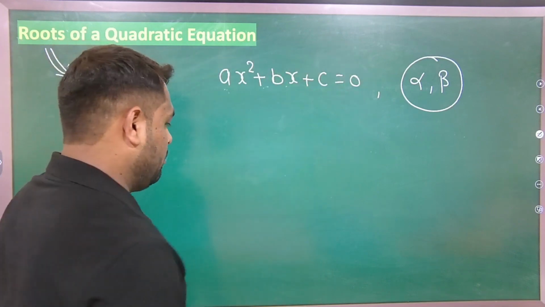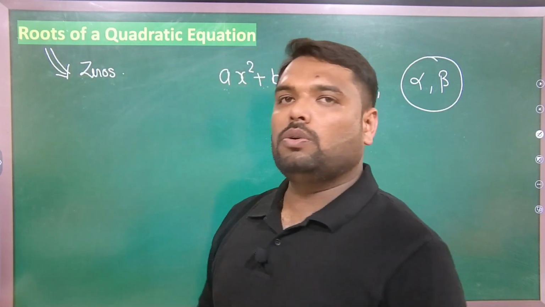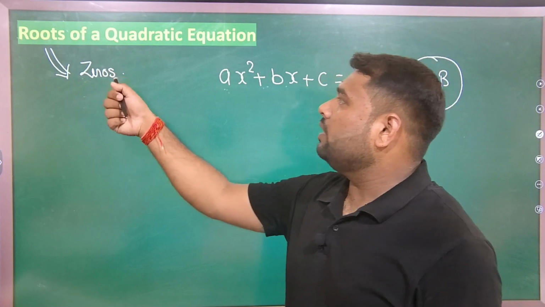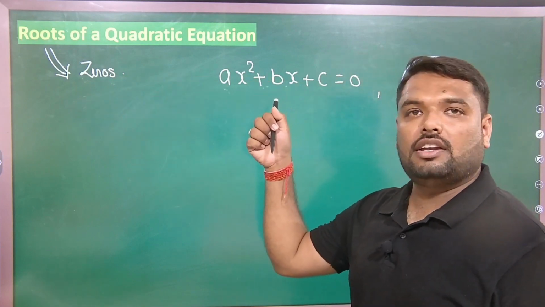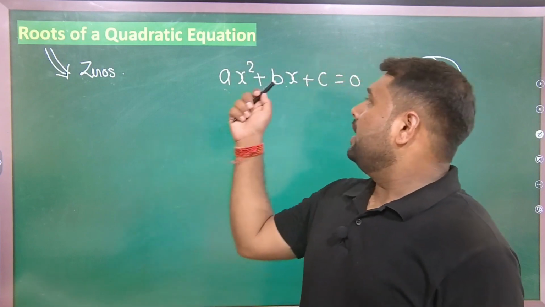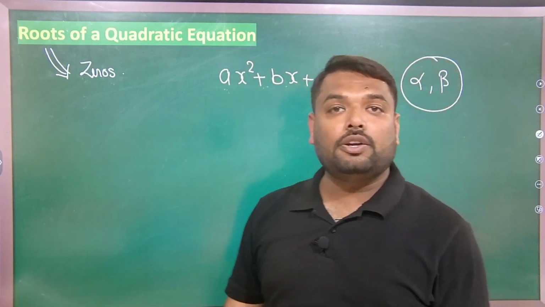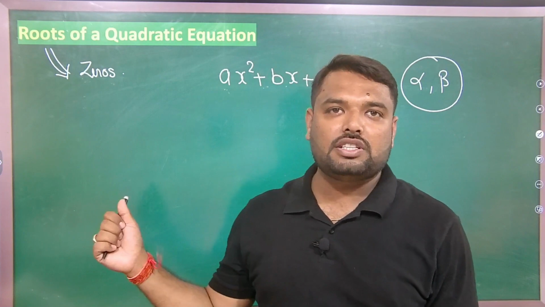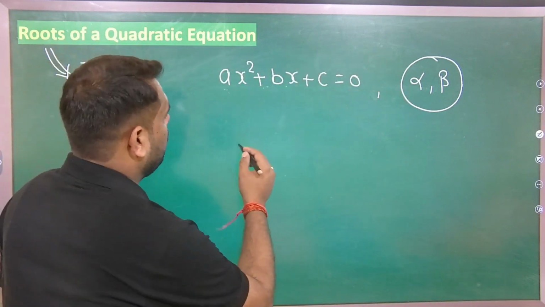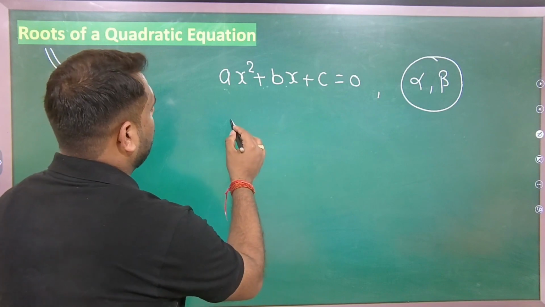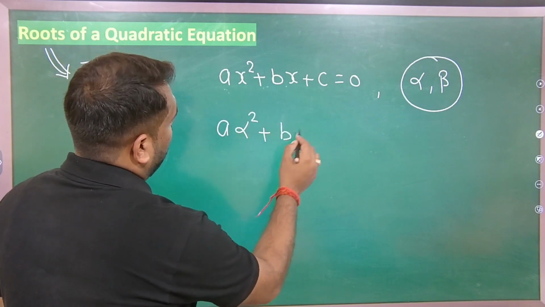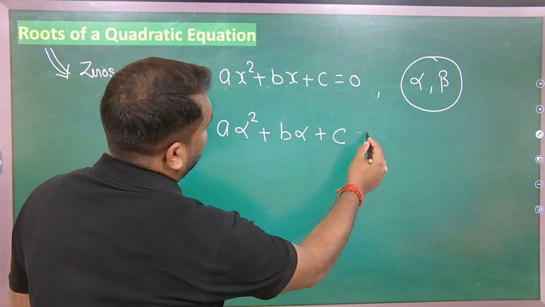What I want to tell you is that the values of x for which the equation reduces to 0 are the roots of this equation. Got the point? If alpha is a root of this quadratic equation, then a alpha square plus b alpha plus c must be 0.